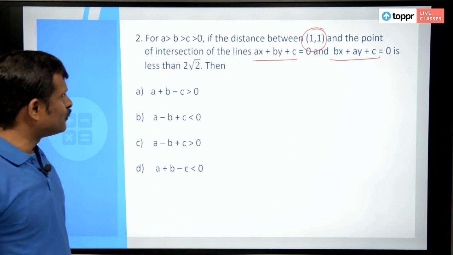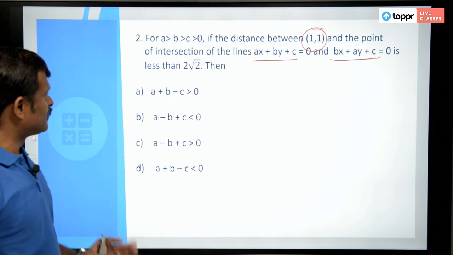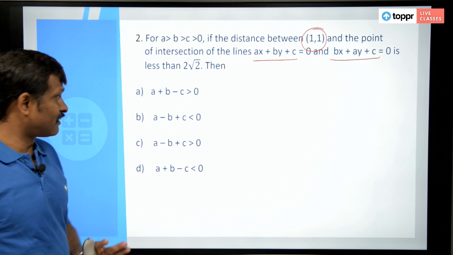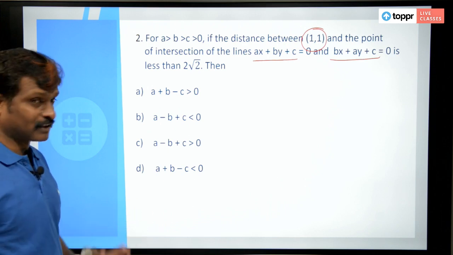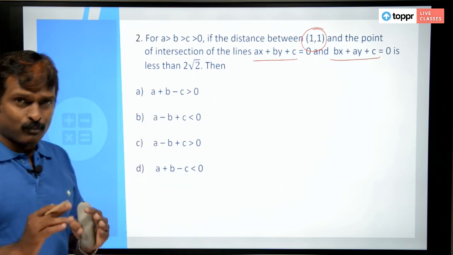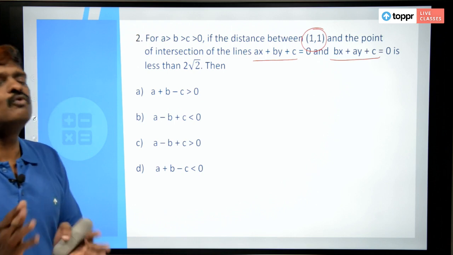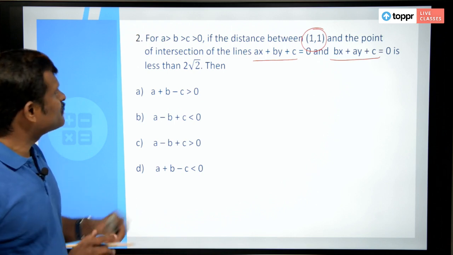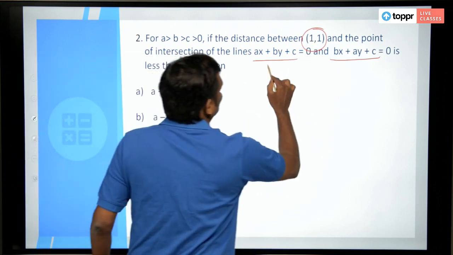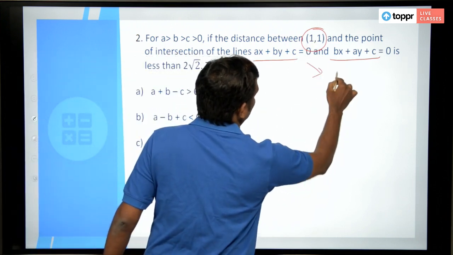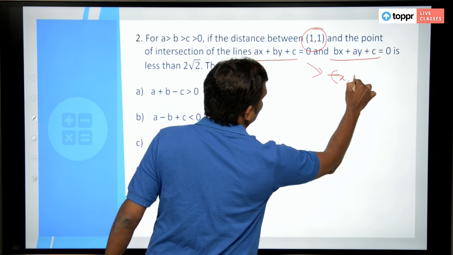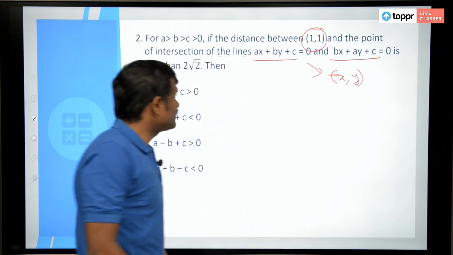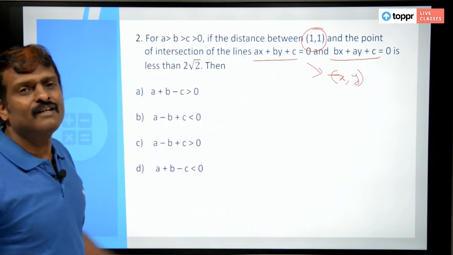So, we are talking about lines now, there is no circle in this. 1 comma 1 is a point given to us, and there are two lines given whose intersection point is at some distance from this point. Say I take this point of intersection as some x comma y. The distance between those two points is less than 2 root 2.